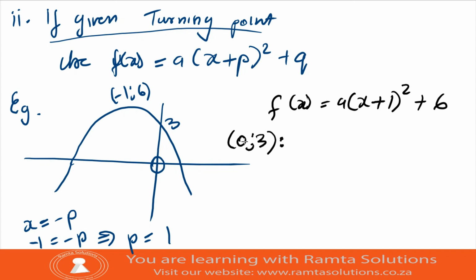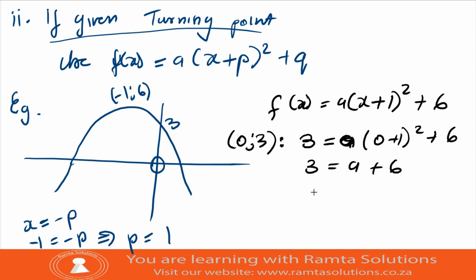So where there's x we put 0, where there's y we put 3. So this is 3 equals a into 0 plus 1 all squared plus 6. What do we have? We have 3 equals a plus 6. Now a equals -3.